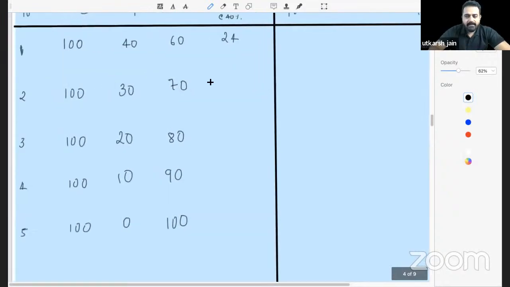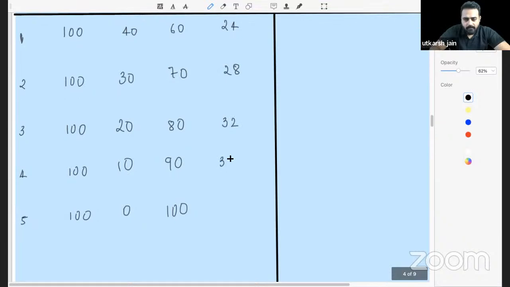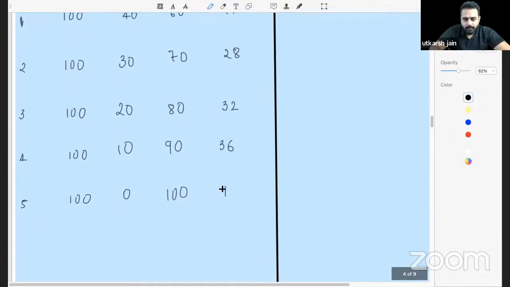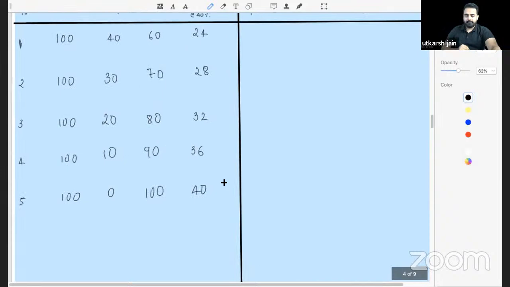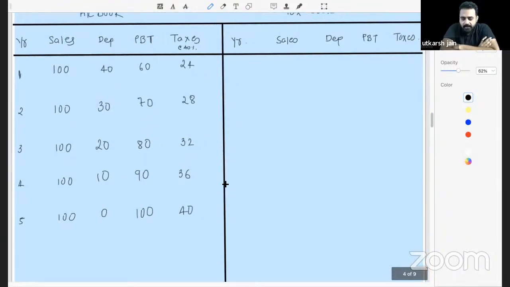Now tax: this becomes 28, this becomes 32, this becomes 36, and this becomes 40. What do you think? Are we together? Have you understood what we've done so far?